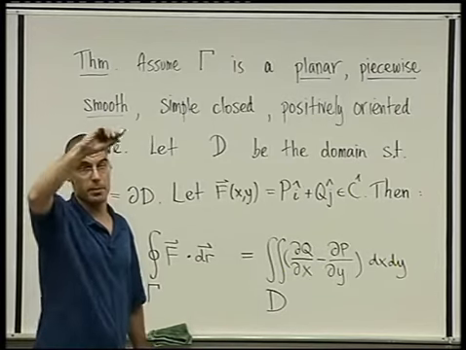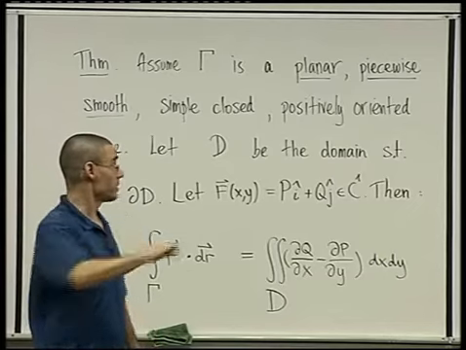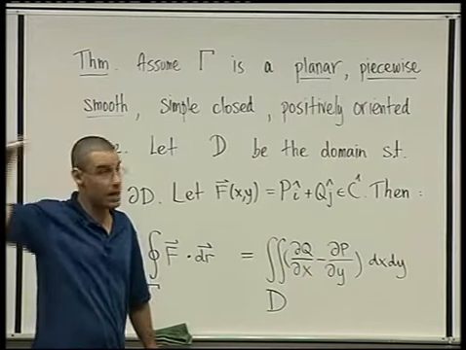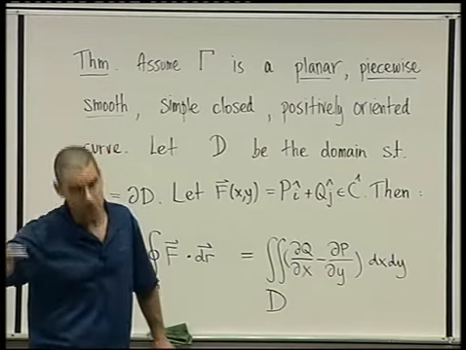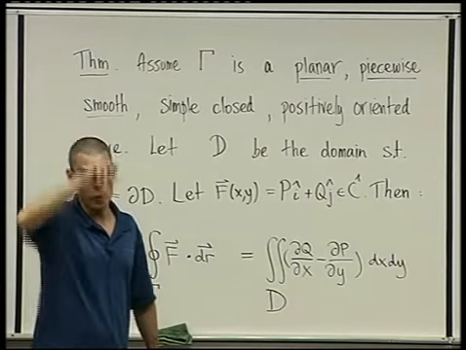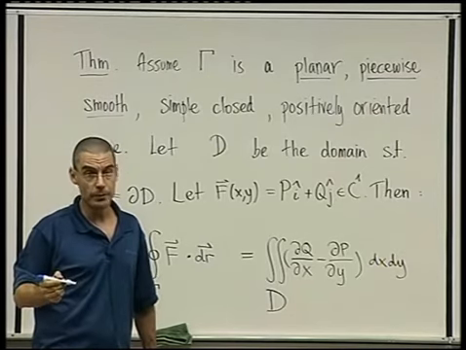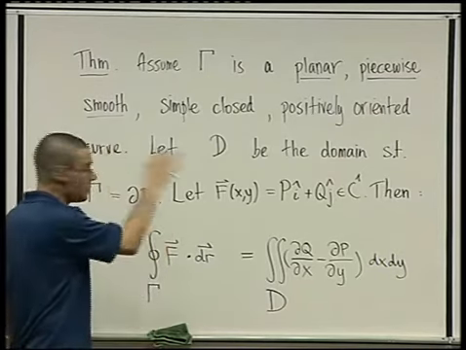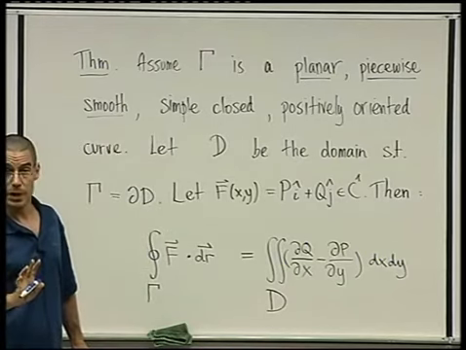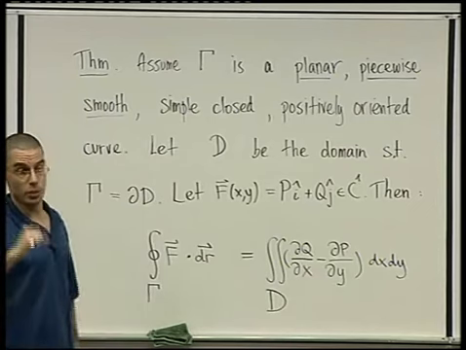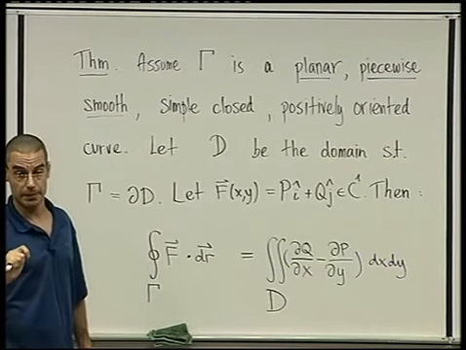For example, a square is a planar curve which is not smooth, obviously, since it has these cusps. But it's piecewise smooth. It's comprised of four smooth curves glued together. Does everybody understand what piecewise smooth means? It's important that it's finitely many smooth curves glued together and not infinitely many.